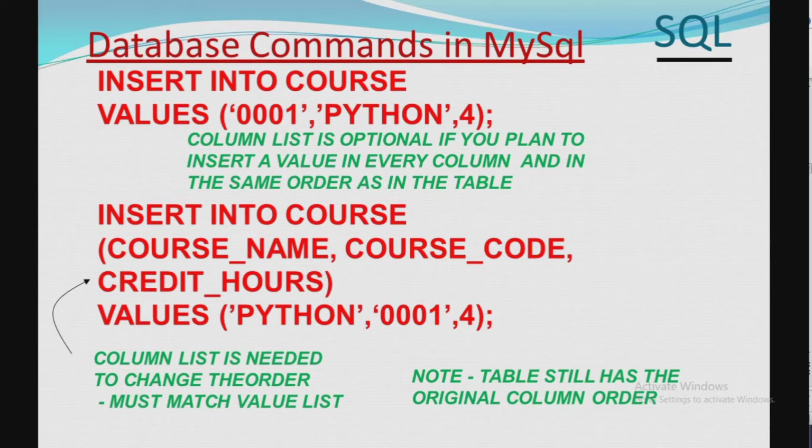In the first example, we are inserting 3 data in the same order as in the table, and in the second we have to write the column list as we are changing the order of data. First we are writing course name, then course code, then credit hours.